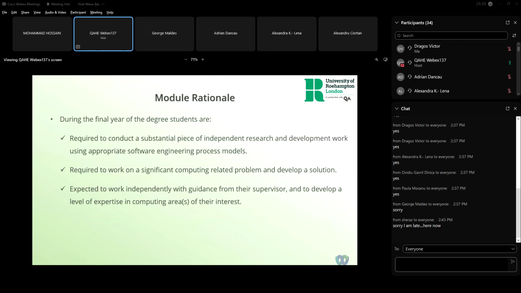Now, if you compare the dissertation with all the other modules that you have taken during the last 3 or 4 years studying for your BSc in computing technology, you will find out that for every single module apart from the dissertation, you are all being taught the same things. You are all working on the same things. You are all working on the same assessment. You are all doing very similar things. So, how does this differentiate amongst you?